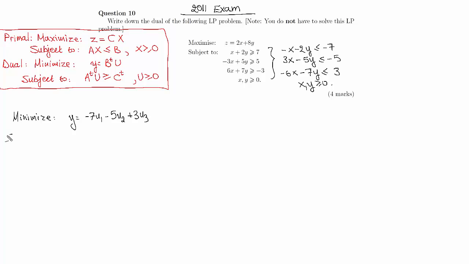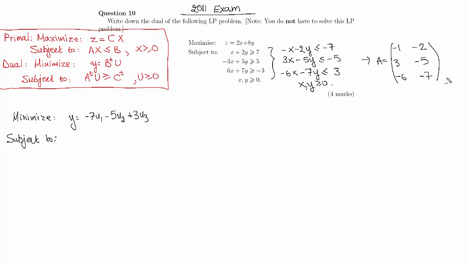And now this will be subject to, we need to take A transpose. So here A is -1 minus 2, 3 minus 5, and minus 6 minus 7.